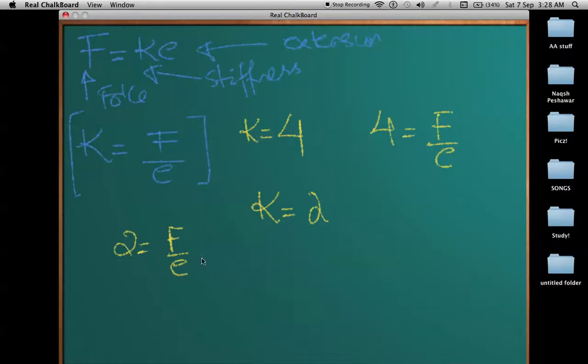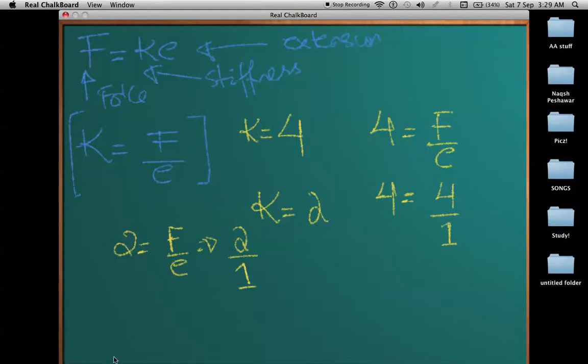In this case, it will give me an answer of 2. 2 divided by 1 will give me 2. Because I have to make the answer 4, the simplest way is to say that if I apply a force of 4 newtons, I get an extension of 1. So you can see 4 divided by 1 is 4.